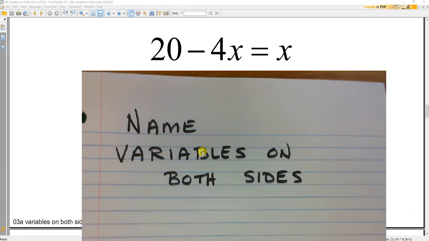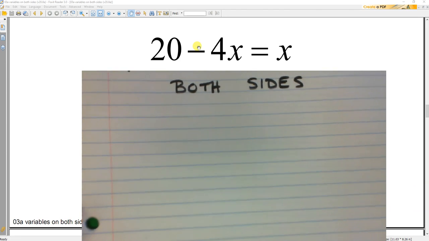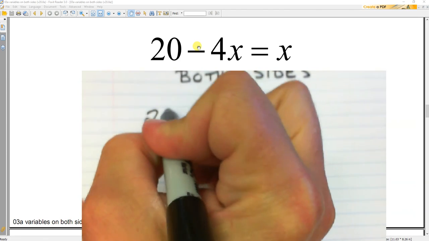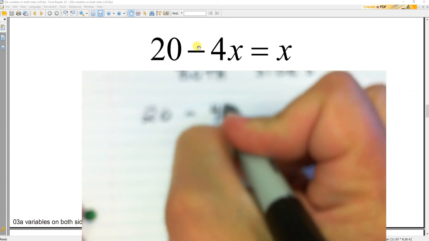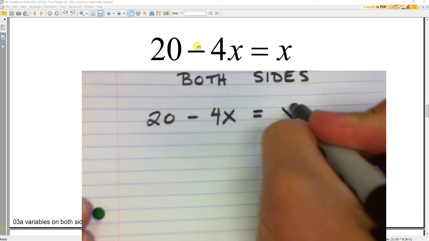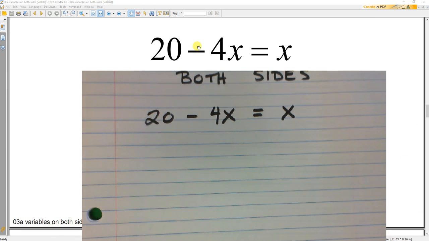So when I look at this equation, I have 20 minus 4x, and you can see there are variables on both sides of the equation.